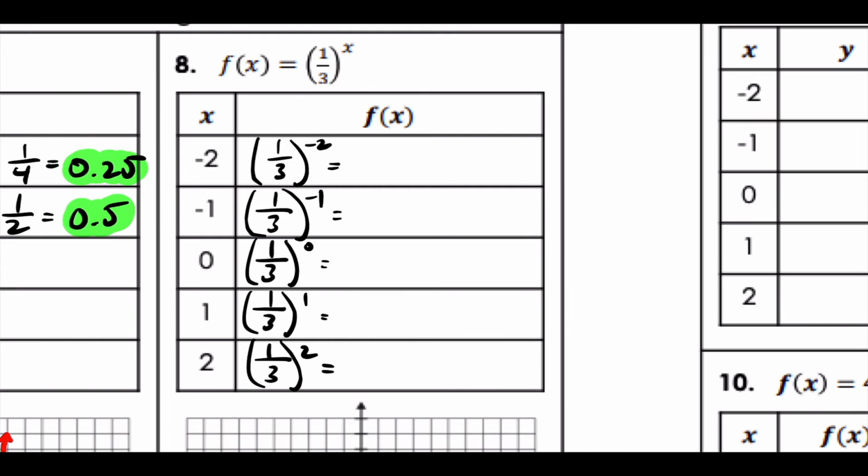Okay. So here, 1/3 to the negative 2 power. Distribute. The bottom moves up. The top moves down. 3 squared is 9. 1 squared is 1. There you go.